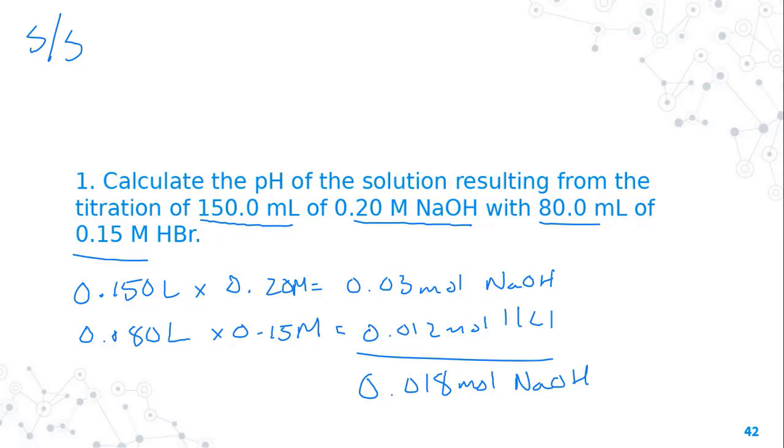Let's figure out our concentration of OH minus. What is our total volume now? Good, 230 milliliters, so I'm going to put 0.230 liters.